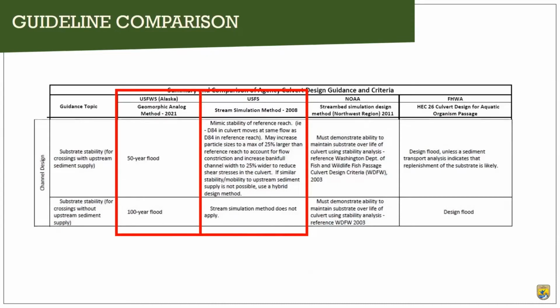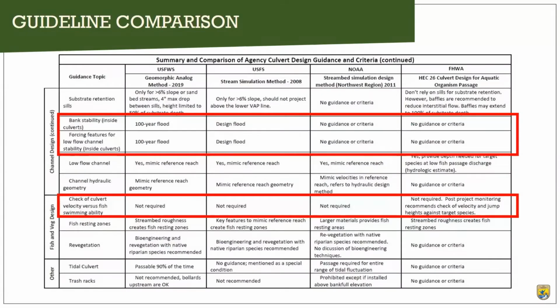I want to mention again, even with a stable substrate, we are still going to have those smaller particles moving through the bankfull channel geometry in the culvert. So this substrate just provides a stable base layer to maintain that bankfull channel geometry.